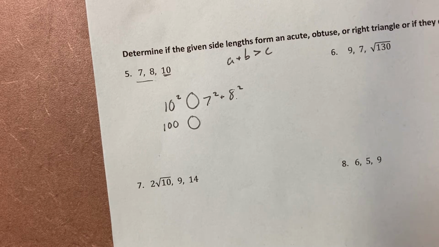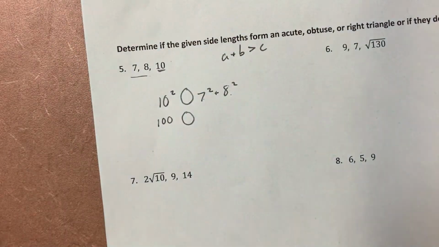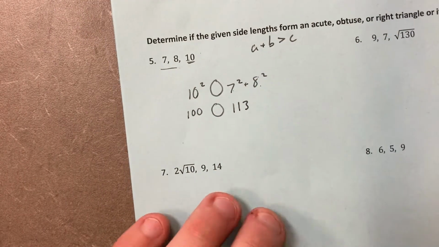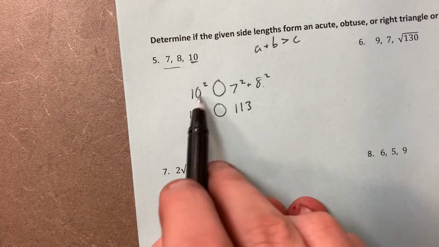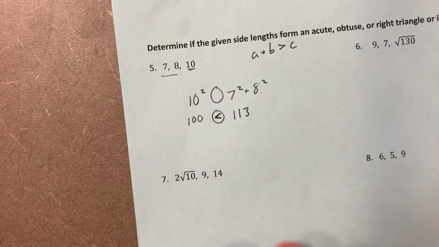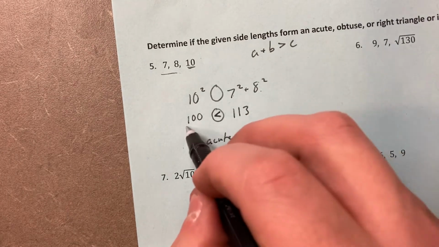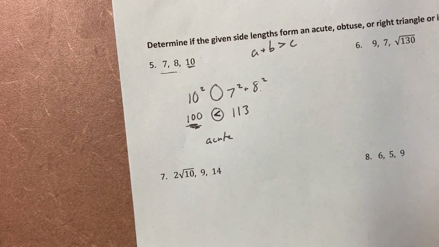Let's see what that is. 7 squared plus 8 squared is 113. So that's 100 compared to 113. Now, the way I set it up, when I put the largest one first, this ends up being less. And to me, less always means acute. But it's always about this largest side. How does the largest side compare to the other 2?